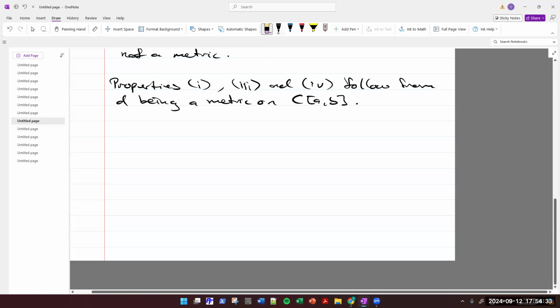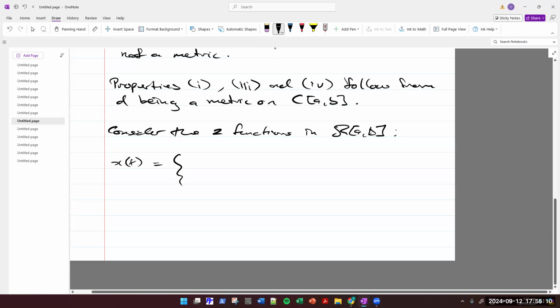So let's define 2 functions. These functions will be discontinuous at one point. There are many, many examples you could think of. These are just easy examples. So consider the 2 functions in this set. The first function, let's call it x of t, and I'm going to give it a value of 0.